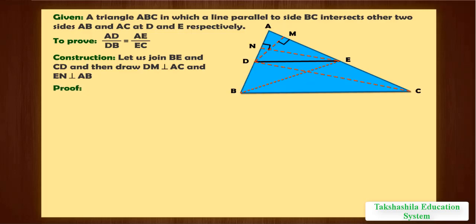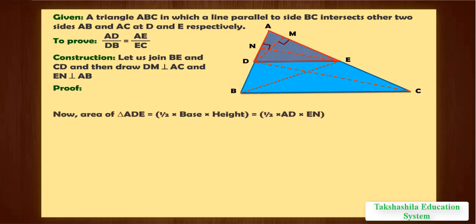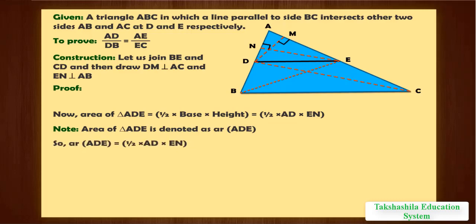Starting the proof, now area of triangle ADE is equal to 1 upon 2 into base into height is equal to 1 upon 2 into AD into EN. Important point to note here is, area of triangle ADE is denoted as area ADE. So, area ADE is equal to 1 upon 2 into AD into EN.